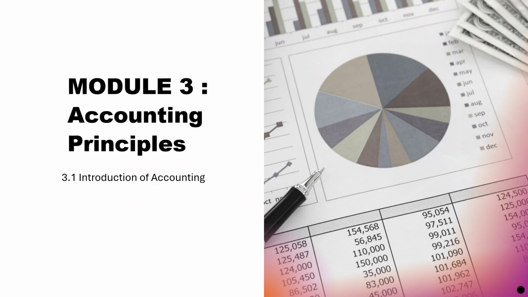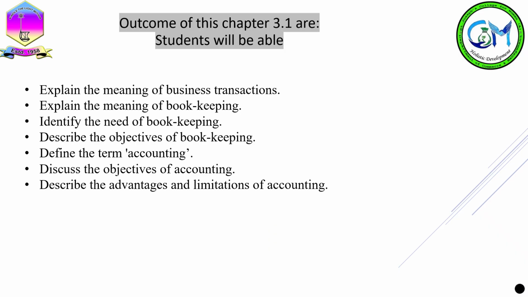Introduction of Accounting is a submodule of the third module, Accounting Principles. The outcomes of this submodule are: explain the meaning of business transaction, explain the meaning of bookkeeping, identify the need of bookkeeping, describe the objectives of bookkeeping, define the term accounting, discuss the objectives of accounting, and describe the advantages and limitations of accounting.